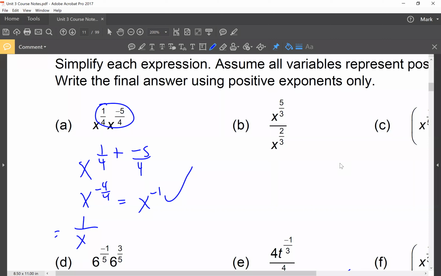Yeah, exactly. These are divided. So what this means is if I'm going to write x^(5/3) divided by x^(2/3), what I'm actually doing is I'm going to subtract my exponents.